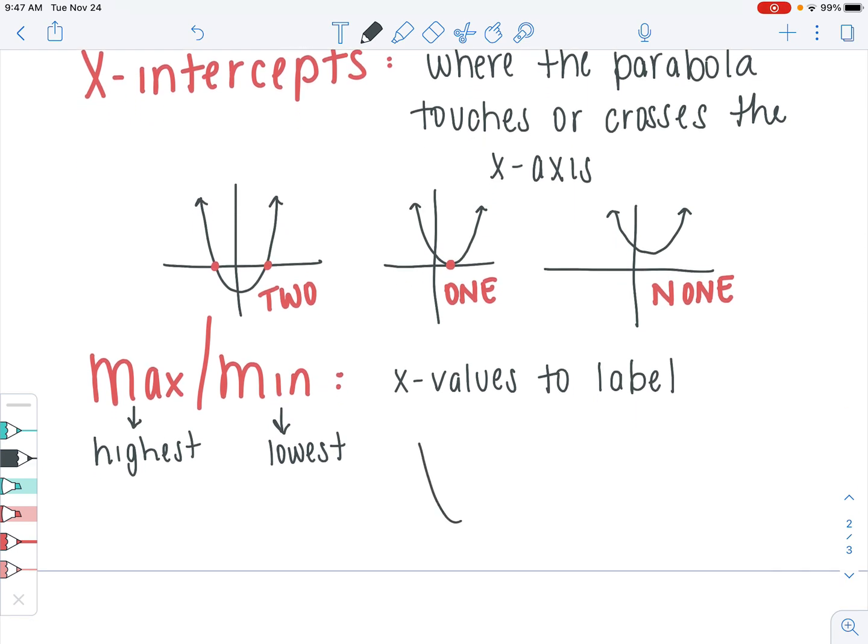So if you have a parabola that's facing up, your vertex is a min. If you have a parabola that's facing down, your vertex is a max.